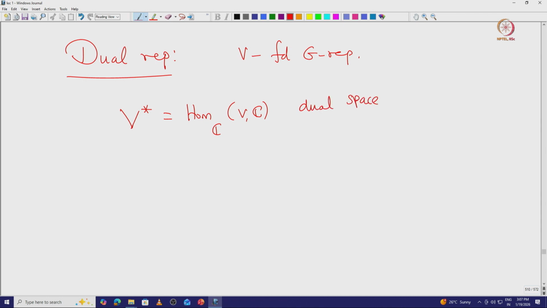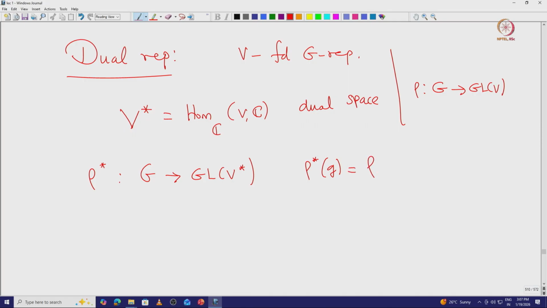If we have an action of G on V, let us call that action rho from G to GL(V). Then we can define the dual action, rho star, from G to GL(V star).